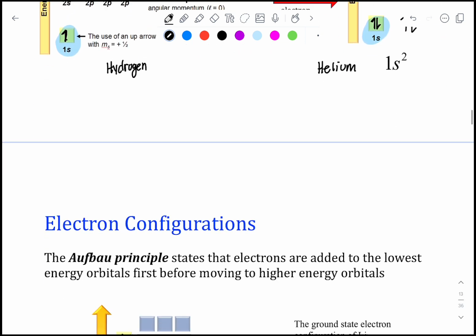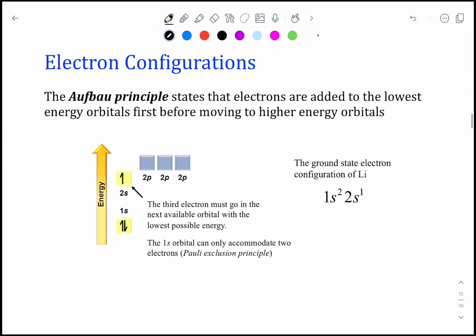Now what happens if I want to add another electron? So we'll go on to lithium, add 3 electrons. Well, we then follow the Aufbau principle, which states that electrons are added to the lowest energy orbitals first before moving to higher energy orbitals. When we started with helium, we were in the 1s. And now if I wanted to add one more electron, again, like I said earlier, they don't just go into random orbitals.